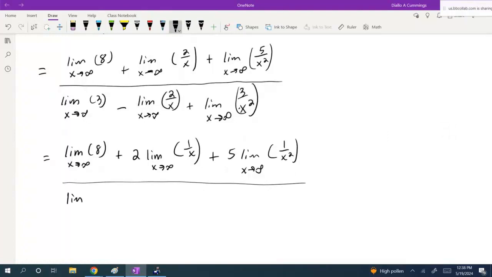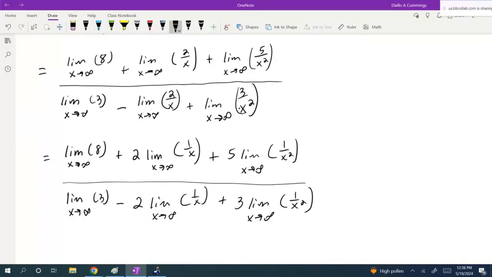And in the denominator, that's the limit as x approaches infinity for 3 minus 2 times the limit as x approaches infinity for 1 over x plus 3 times the limit as x approaches infinity for 1 over x squared.